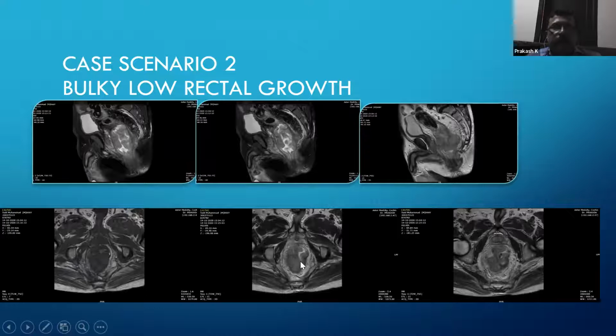But the problem with such bulky growth is that even if you mobilize fully up to the pelvic floor, you will find it very difficult to negotiate the staples below the tumor because of the sheer bulk of the tumor. So such disease, even if you have an almost clear CRM, in a clinical scenario, these patients should undergo long-course chemoradiation. You can expect more than 50% regression in the tumor, and if not, sometimes complete response. And then these patients can be restaged and taken up for surgery.